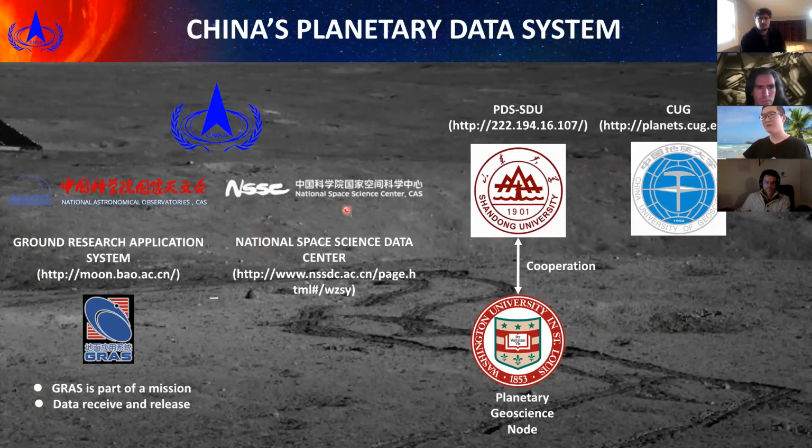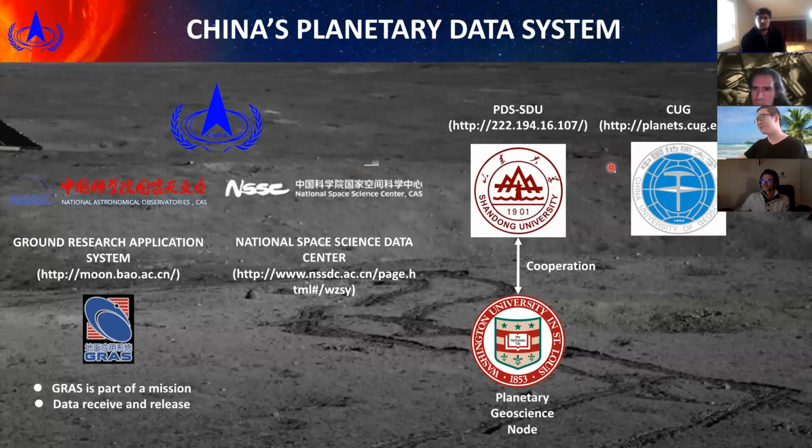There are other data, but not very important. Some planetary mission data are published in the National Space Science Center, their data center, but not many. And there are other third parties like Shanghai University or my own university. That is because we are data users. We have some ideas as data users, so we want to rearrange this data.